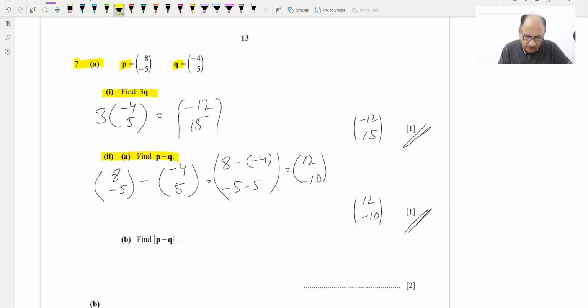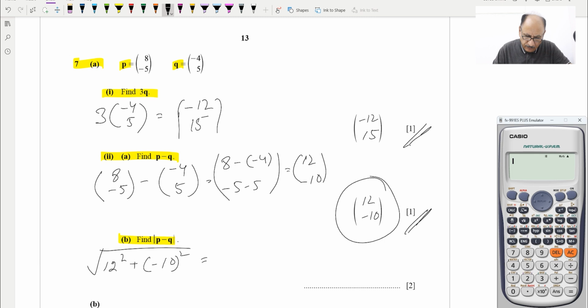B part, they are saying find the mod of P minus Q. P minus Q we already got. So x component square plus y component square, and under root. This is how we find the mod.